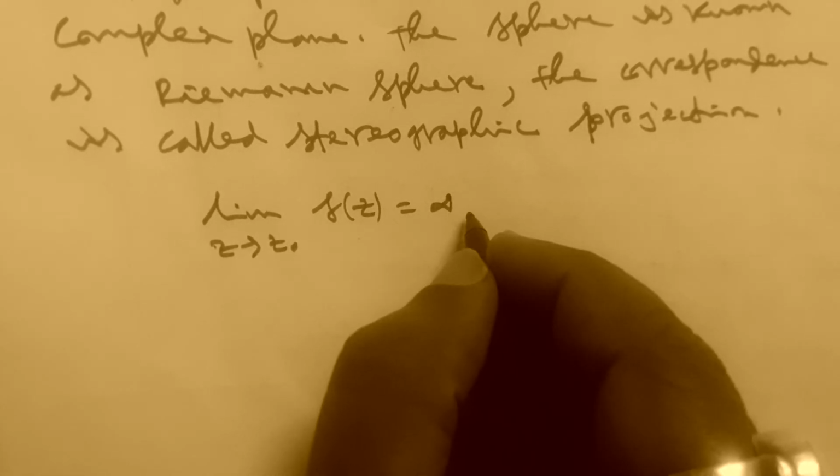If N is deleted, we now give the statement of limit as z tends to z0 of f(z). If we consider w0 in the neighborhood of infinity, then the limit is infinity, and that is: given epsilon greater than 0, there exists delta greater than 0 such that mod of f(z) is greater than 1 by epsilon whenever 0 less than mod of z minus z0 less than delta.